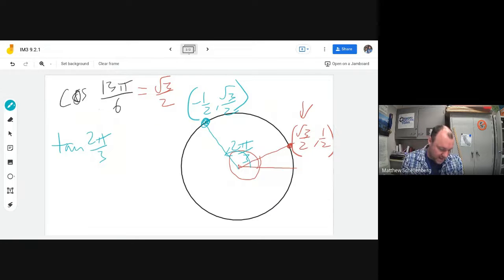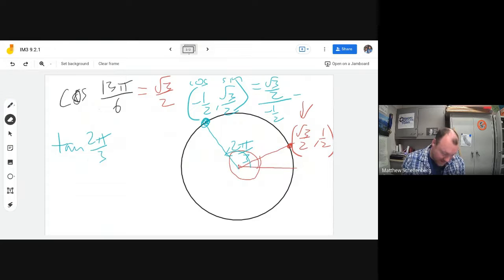And they want tan. Ah, great. So we got to take sine and cosine and divide one by the other. So this will be square root of 3 over 2, the whole thing divided by -1/2. Now let me fix that. I screwed that up. I meant to flip it.